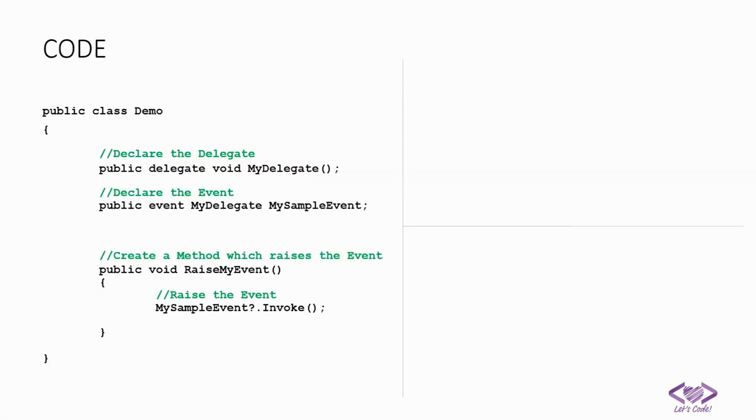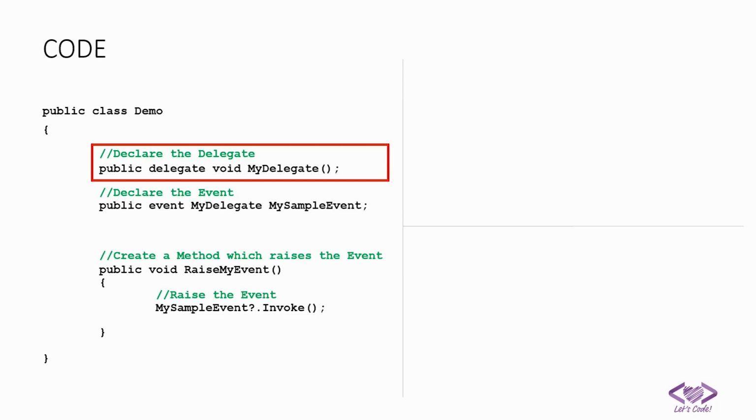First of all, we'll create a sample class called Demo. In the class, we will first create a delegate. This is how we declare a delegate. We'll say public delegate, the return type is void, and the name of the delegate is MyDelegate, and it doesn't take any arguments.